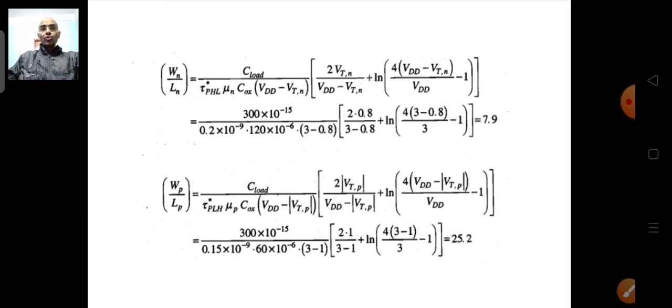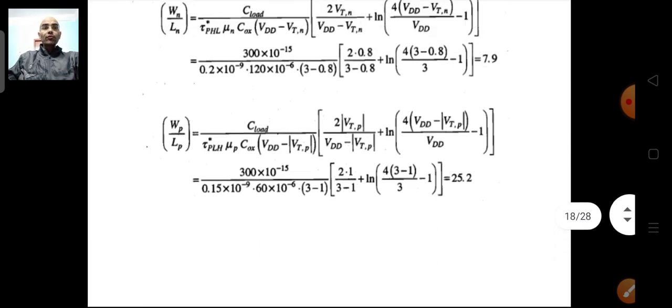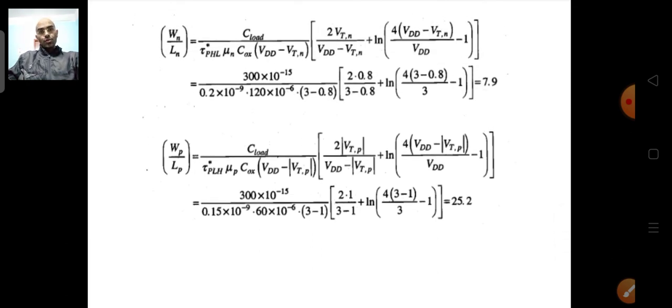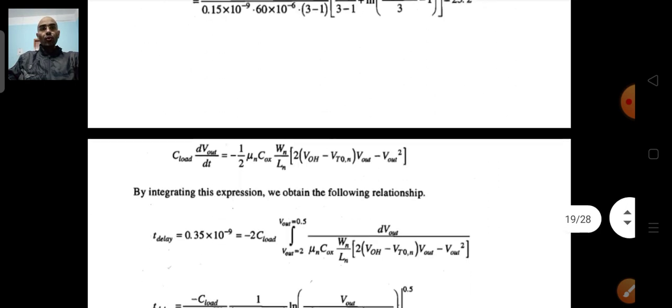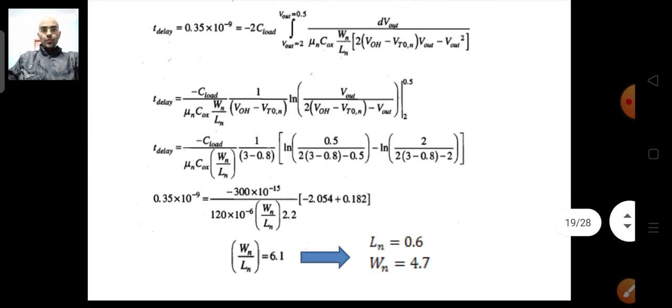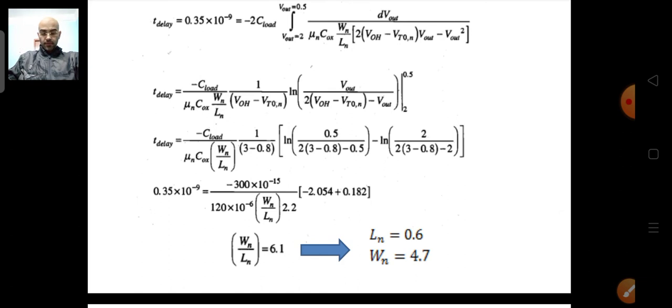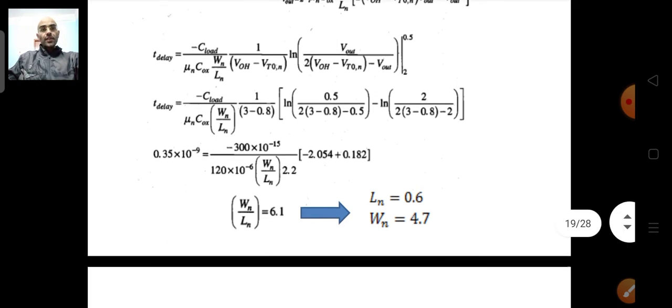To meet this constraint as well as the other constraint, we have to choose the higher value. In this case the higher value is 7.9. So rather than going for 6.1, we should always choose the value which satisfies both constraints. In this scenario 7.9 satisfies both.